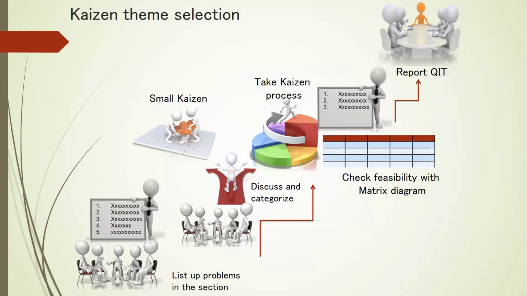You can easily pick whatever you want to use and then return it. You can see, pick and return, so you don't waste time looking for whatever you want to use. So that is small Kaizen. Now for the large Kaizen, these are the things that you are going to subject to a matrix diagram for a feasibility check. You move with it to the next step.